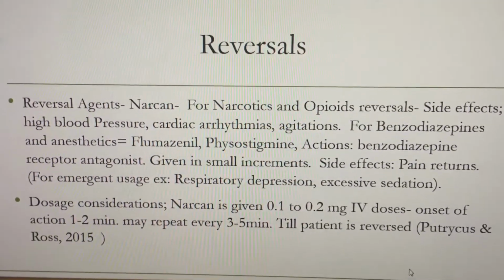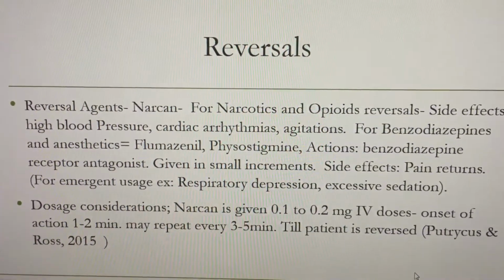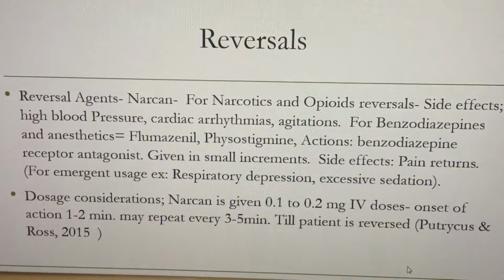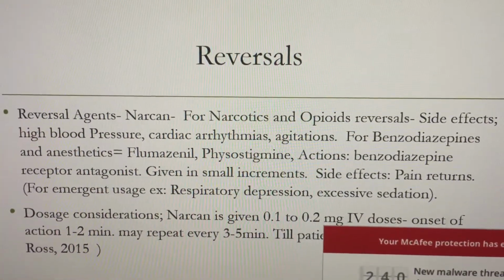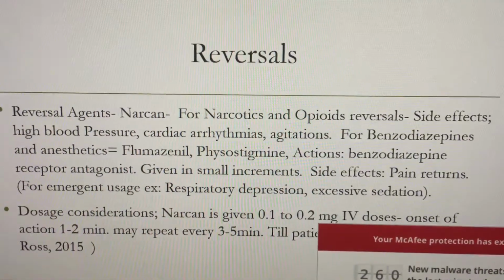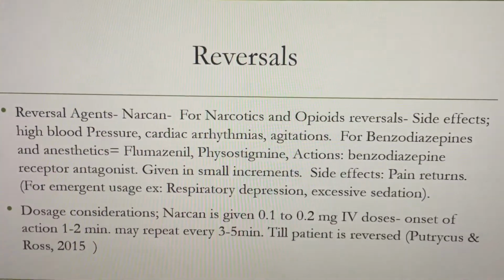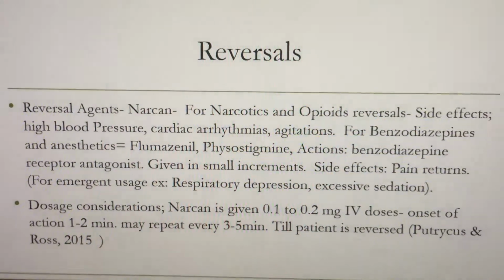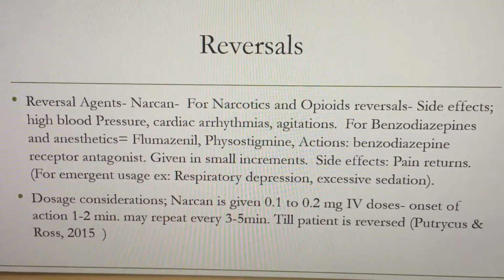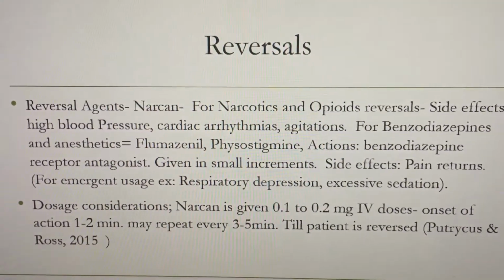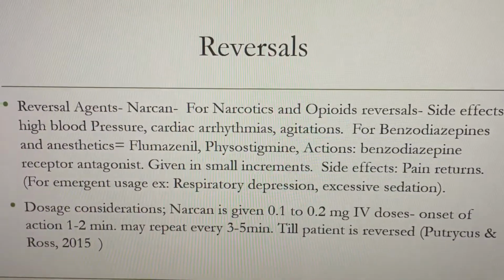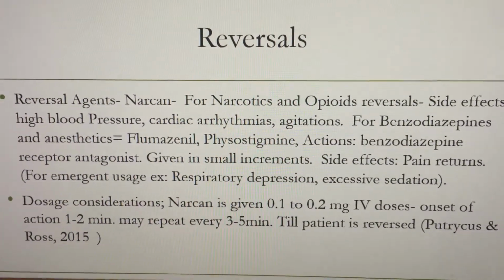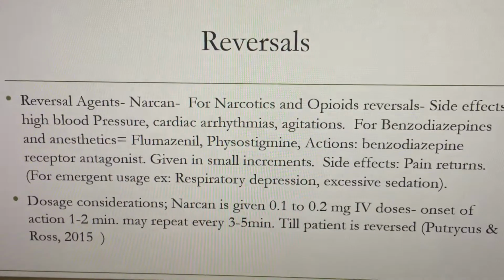Reversal agents. Narcan. Narcan is for narcotic and opioid reversals. Side effects are high blood pressure, cardiac arrhythmias, and agitation. We have to remember that reversals are only given in emergent situations, like respiratory depression and excessive sedation.